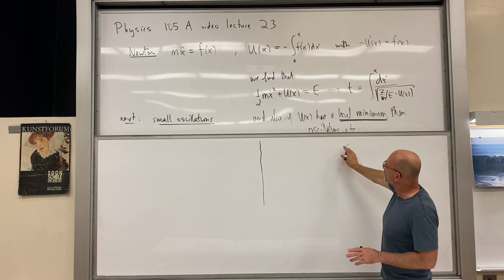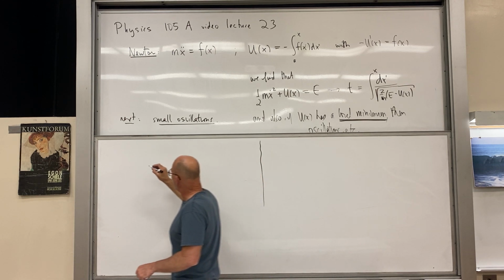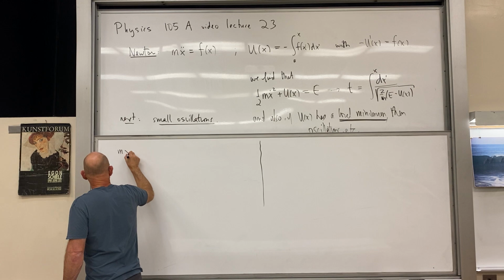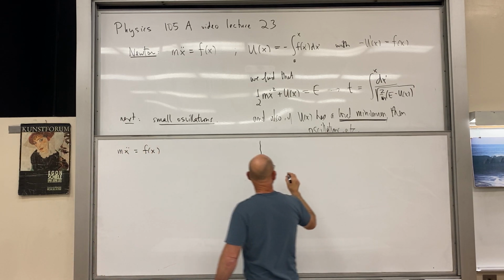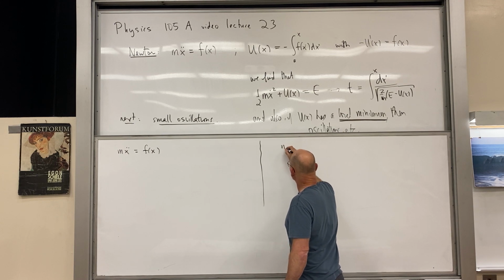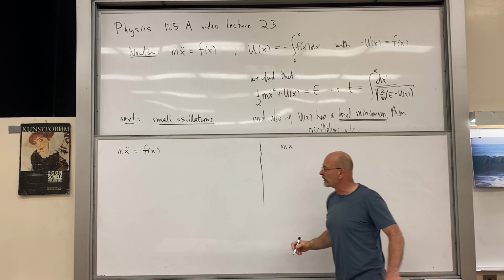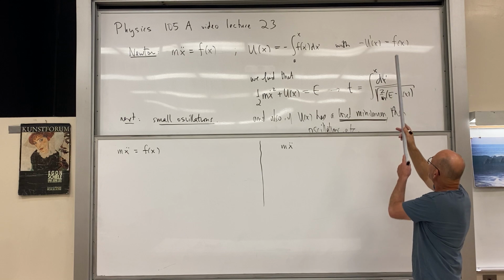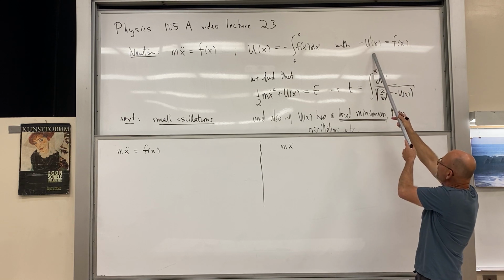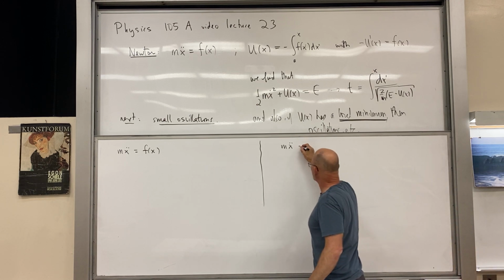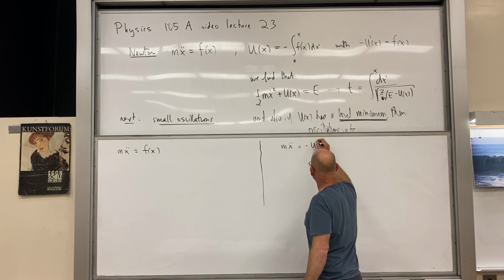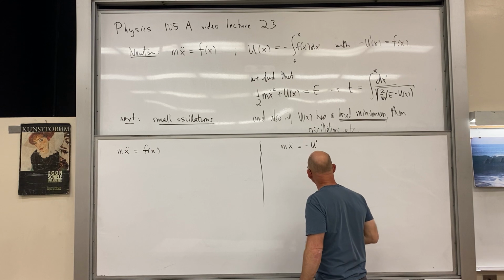Two columns here, one with Newton's law, and one with Newton's law as well. But what are we going to have on the right side here? We're going to have minus u prime of x, okay? Because by definition, that's exactly what that is. So equals minus u prime of x.